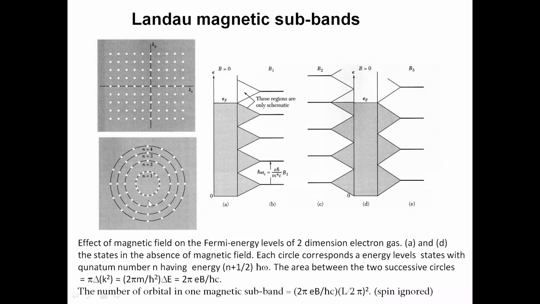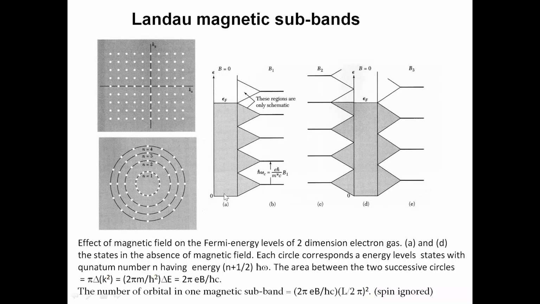In presence of a magnetic field, not all k states are allowed. We have quantized energy states. These are different quantized energy levels, known as Landau magnetic subbands, or sometimes termed Landau magnetic levels. And this is the same thing here.